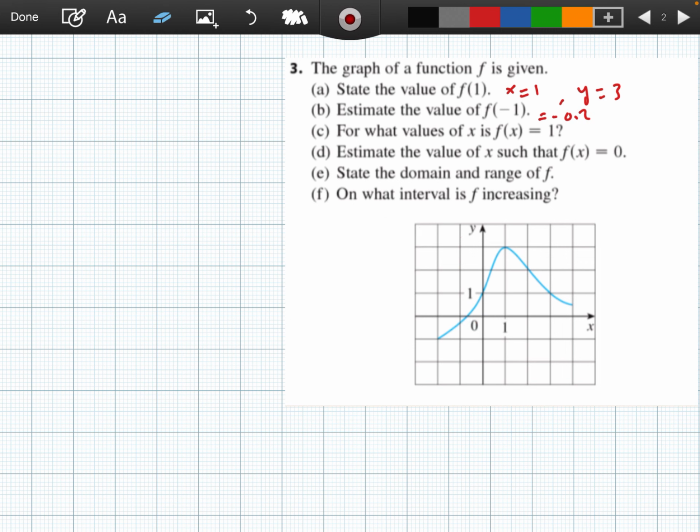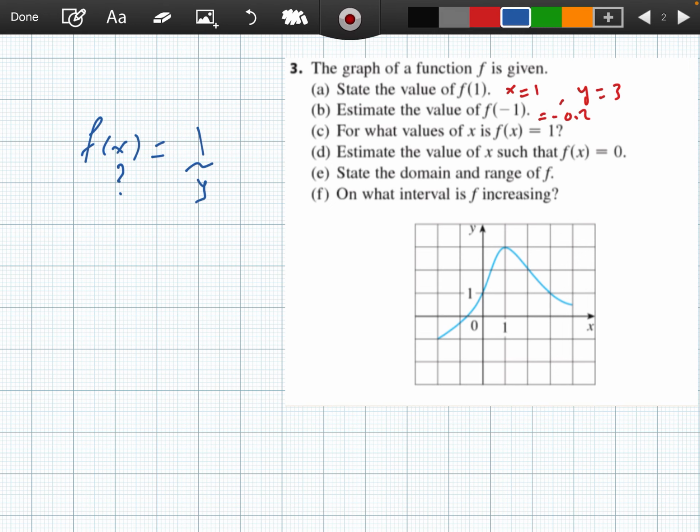The third one: for what values of x is f of x equal to 1? Meaning, find x when y is equal to 1.